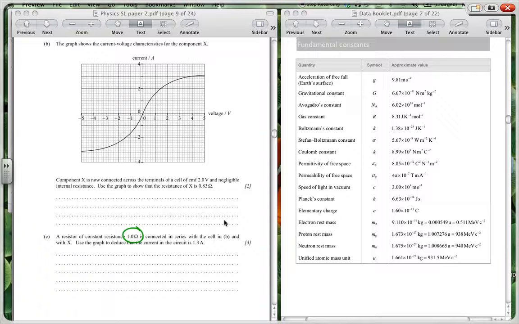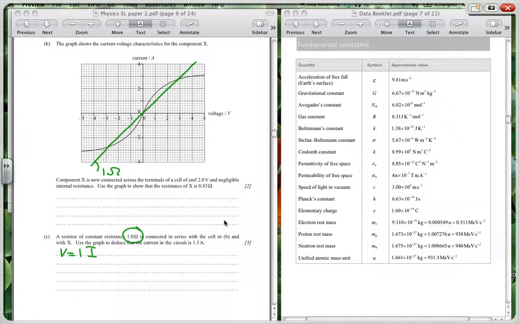Because it's 1 ohm, we're going to get V is equal to 1 times I. V is equal to IR, so R is 1. So basically your V and your I are going to be the same. So you're going to get something like that through there, and obviously it would go in the other direction also. So this would be the IV characteristics for the 1 ohm resistor.